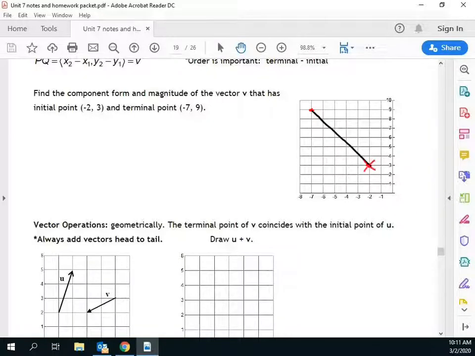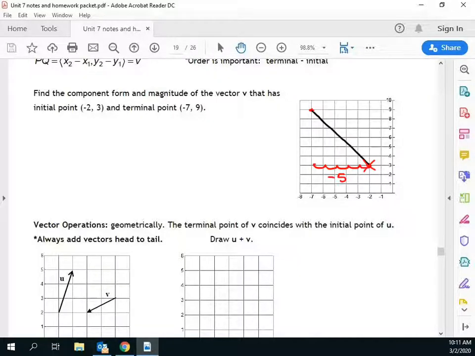Starting from here, what direction, left or right, did we go? Left. How many? 5. So it's -5 to the left.